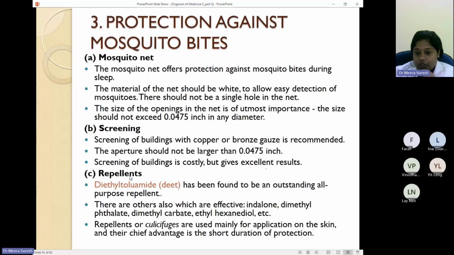Now we can use repellents over our skin, and mostly used will be DEET or diethyl toluamide, and that is important, and that is used as an outstanding all-purpose repellent. There are also others which can be highly effective: indalone, dimethyl phthalate, dimethyl carbate, ethyl hexanediol, etc. Repellents, or arthropod repellents, are used mainly for application on the skin, and their chief disadvantage is the short duration of protection.